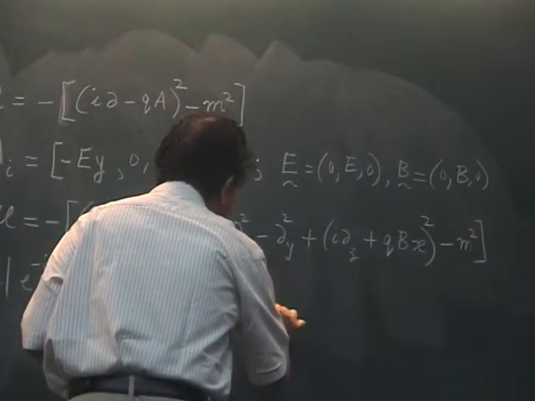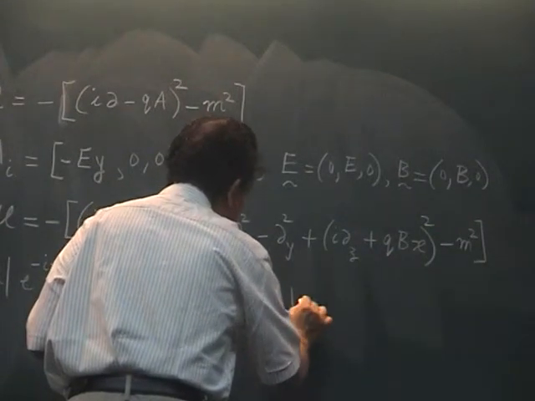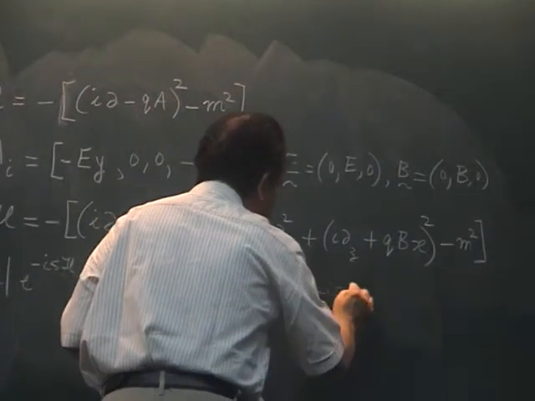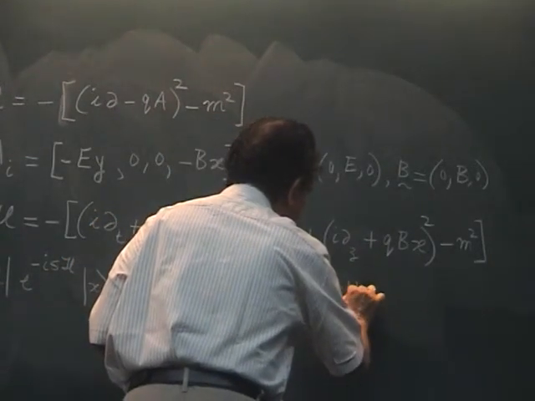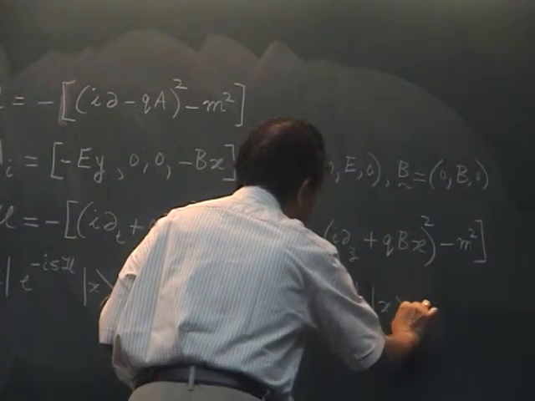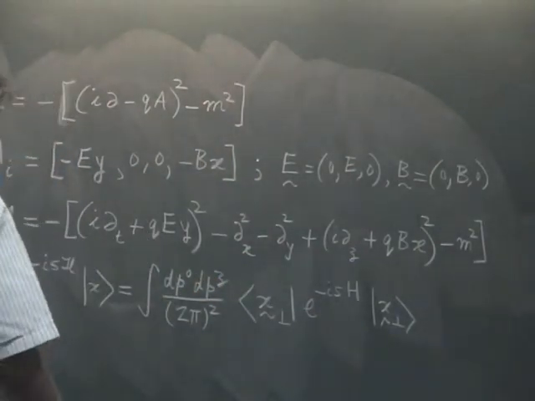Let me call these the transverse directions. Some other operator, let me call this capital H, transverse direction, where I have to write down what that H is. Let me try to write it here.